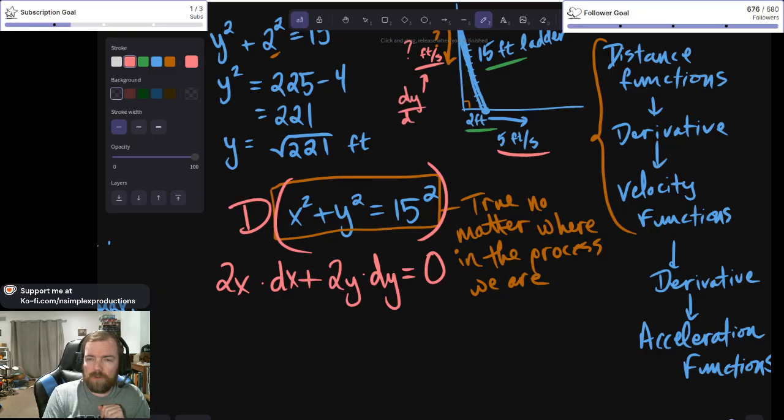Now the thing we're looking for is the derivative, or the velocity in this case, of the y direction compared to the x direction. So here we want dy dx.